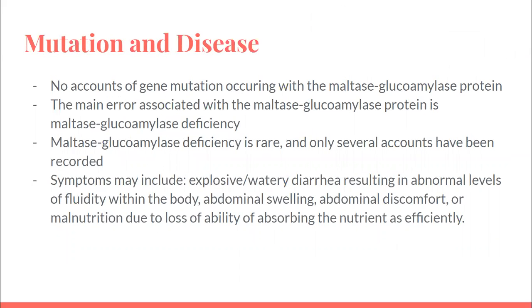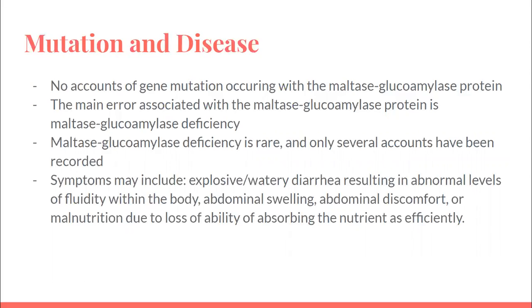Now on to the mutation and diseases that this protein can have. There are no real actual accounts of gene mutation that have happened with this protein. The main error really associated with maltase-glucoamylase protein is the maltase-glucoamylase deficiency.